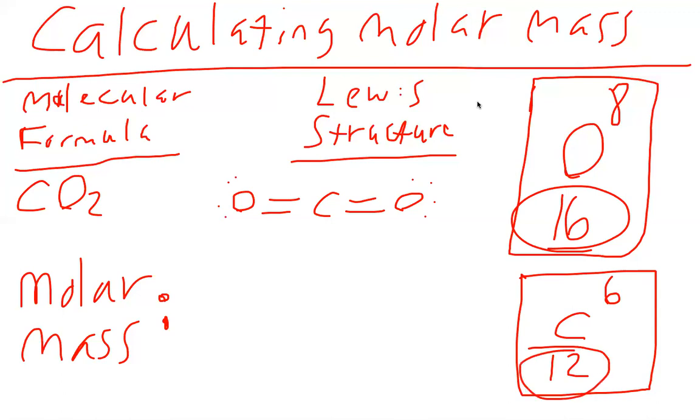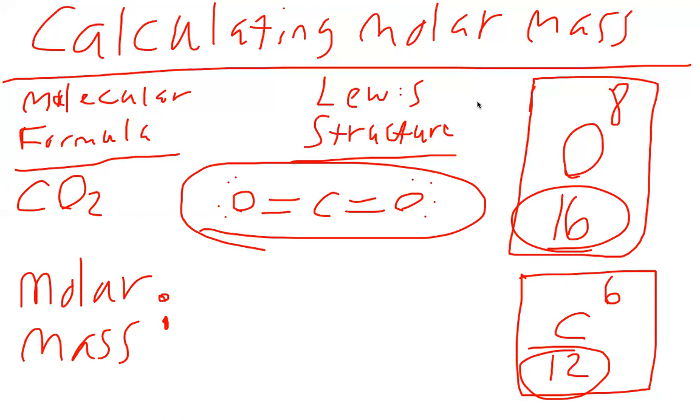Okay. Now, let's look at the molecule here, right? So Alana, how many carbons do we have in this molecule? One, right? So to calculate the molar mass of the molecule, you put 1 times carbon's mass, which is 12, okay, plus, Jamie Lee, how many oxygens do we have in that molecule?